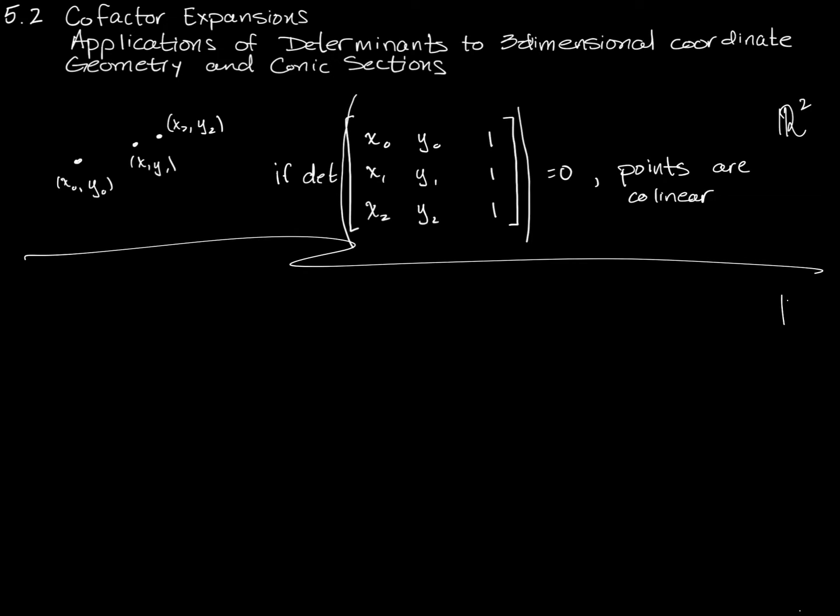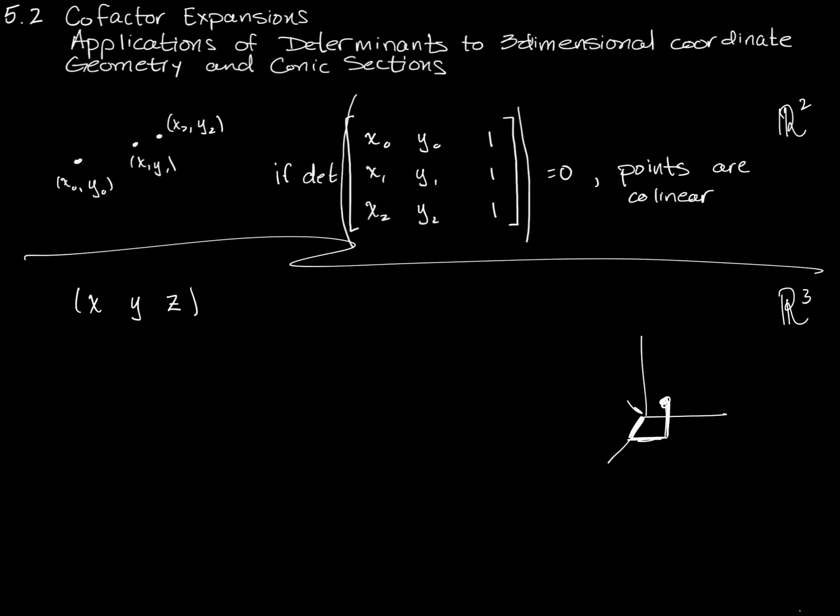And we're now going to talk about R3, where points have 3 components, an X, a Y, and a Z, because, for example, any single point will have an X, a distance you have to go out X, a distance you have to go over Y, and a distance you have to go up Z to get to that point from the origin.